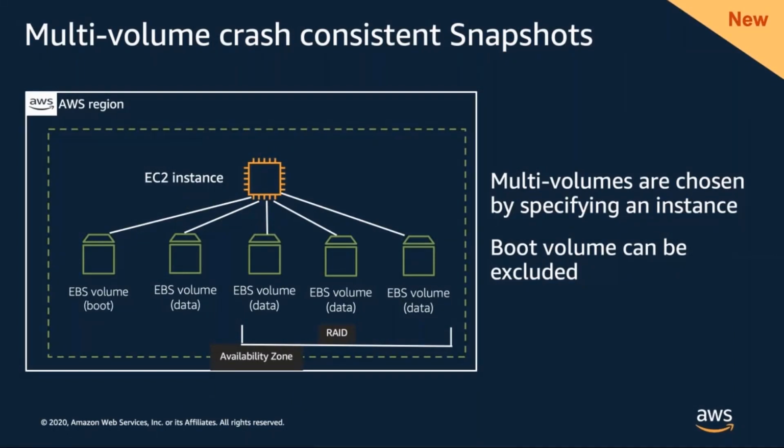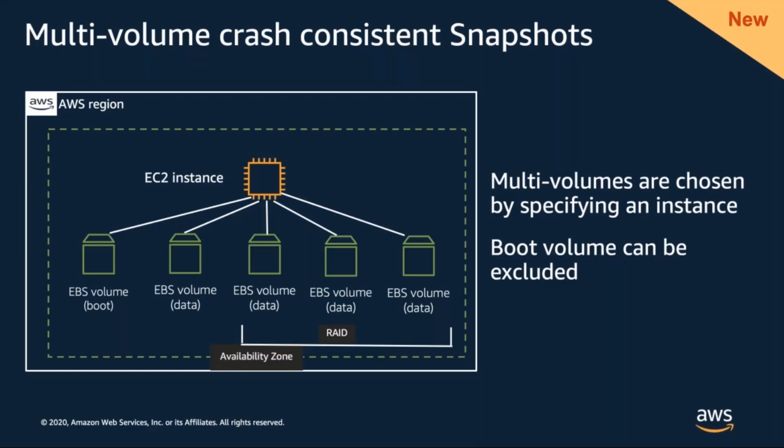You can take crash consistent snapshots for multiple volumes attached to an EC2 instance. These volumes may be part of a RAID group, and you can also exclude or include the boot volume as per your requirements. How do you choose multiple volumes to create crash consistent snapshots at any specific time?